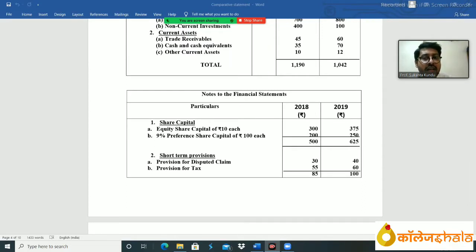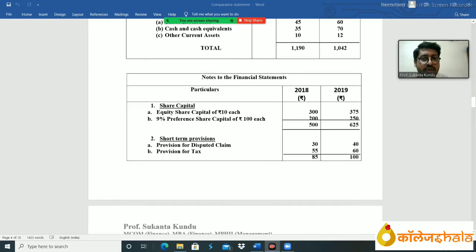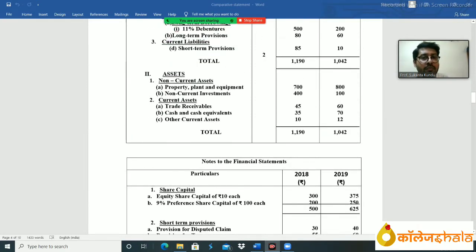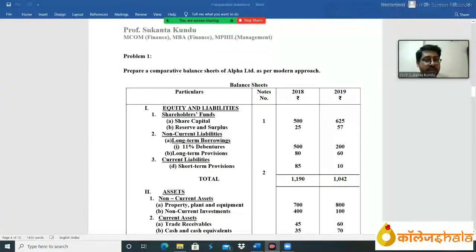Under share capital, there are equity share capital of 10 rupees each and 9% preference share capital of 100 each. And under short-term provisions, you have provision for disputed claim and provision for tax. Now we have to prepare the comparative balance sheet.